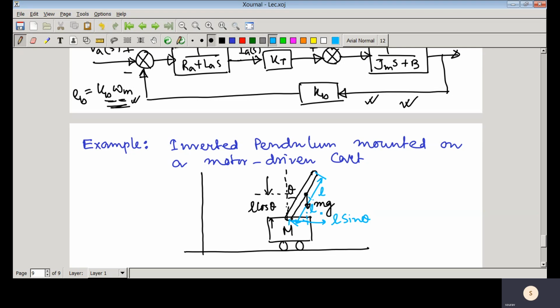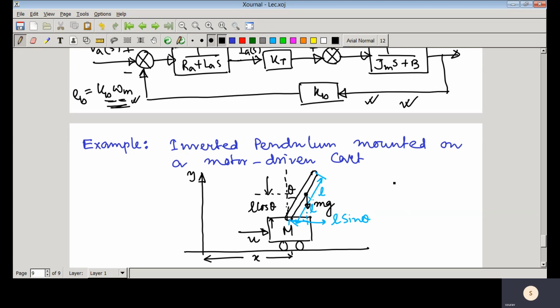From here you can easily derive the dynamical equation. Suppose this is y, and some input u is applied, and suppose this distance is x.